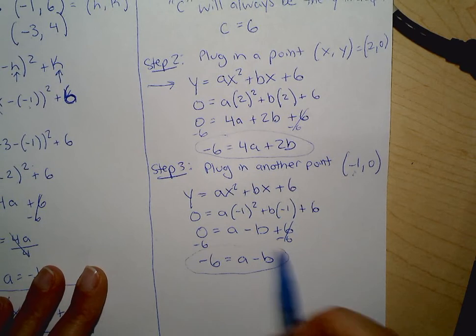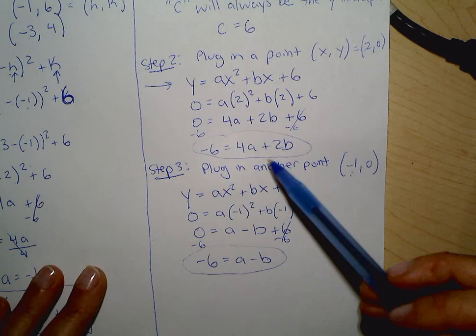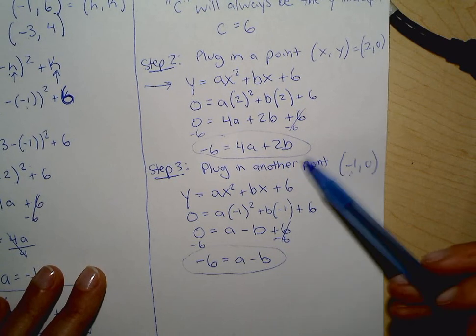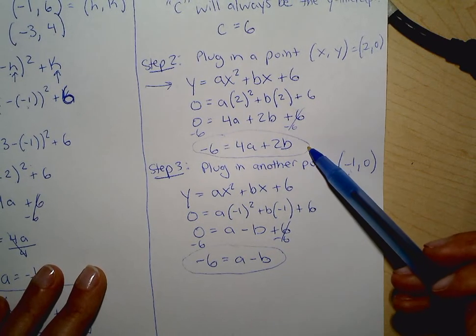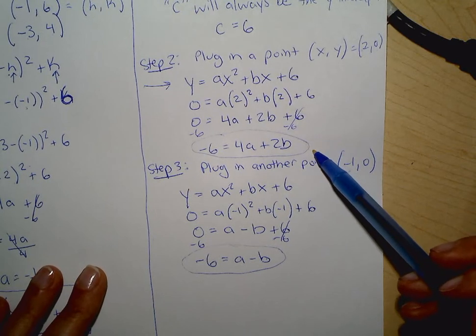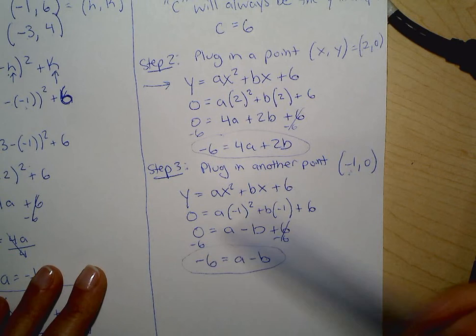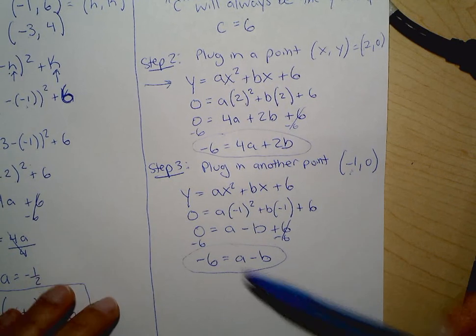So now I have 2 equations and 2 unknowns. And you'll notice that these 2 equations are the same equations that we did in our warm-up for solving our system of linear equations. So we could use our elimination method to multiply by a 2 or a -4 to cross things out, and then solve for a and b.